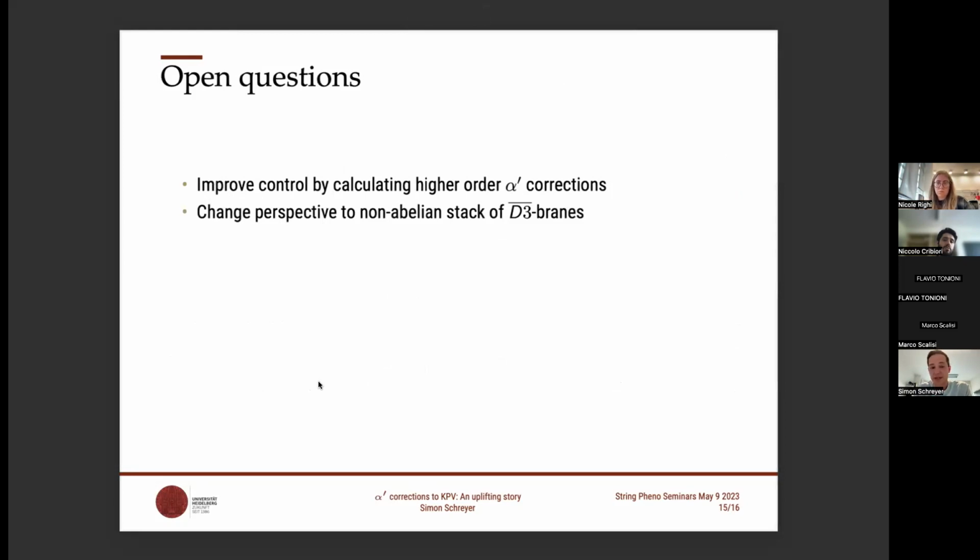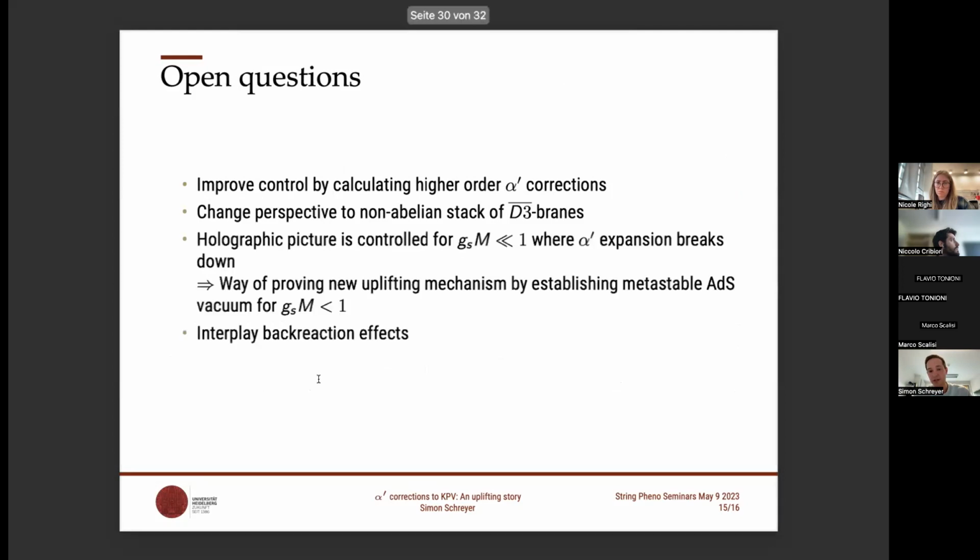And we can also study this whole setup from different perspectives, like for example from the non-abelian stack of branes, which would clearly be interesting to do. And also studying the holographic picture would be very interesting, but it's of course also very hard. And then there's also a lot of literature on the back reaction effects, which we also have completely neglected so far.